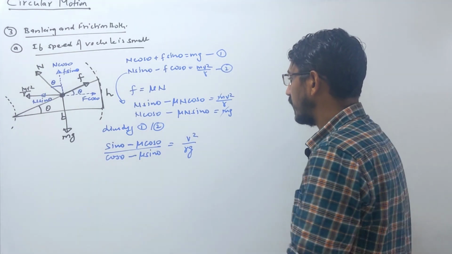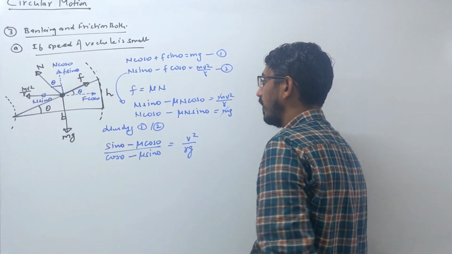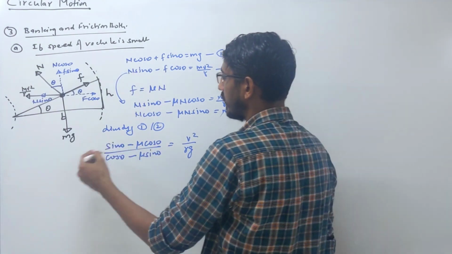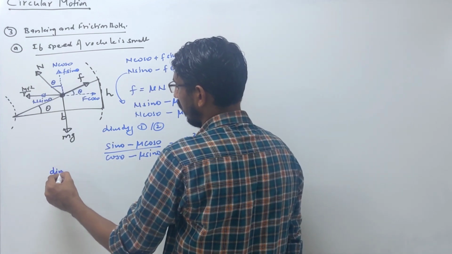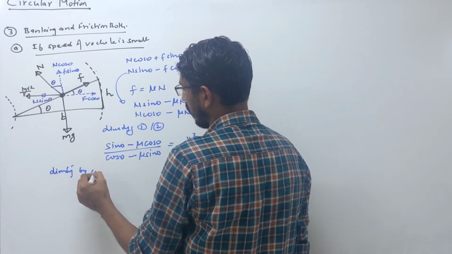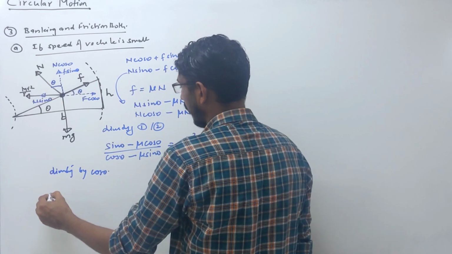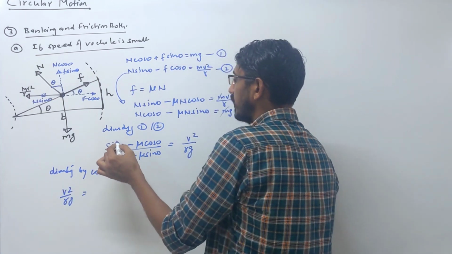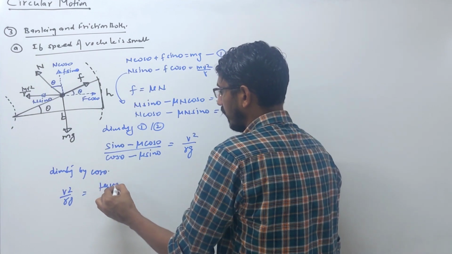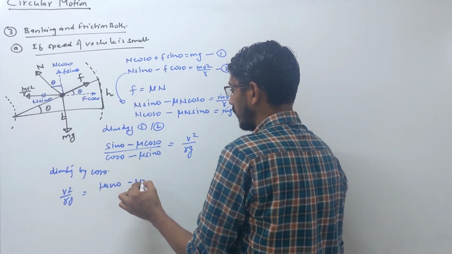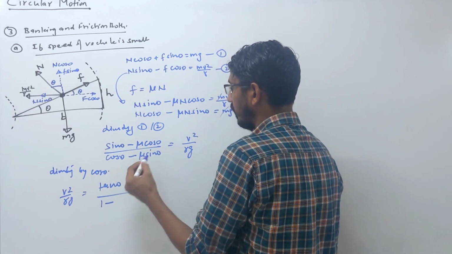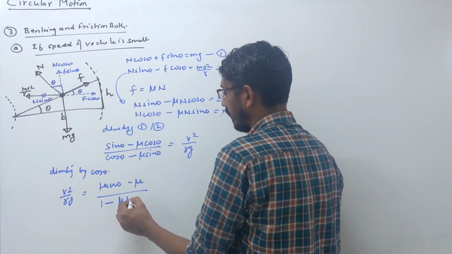So this equation you can further simplify. Let's divide everything by cos theta. When you divide by cos theta, you get v square by rg equal to sin by cos becomes tan theta, minus mu; cos by cos becomes 1, and mu into tan theta.